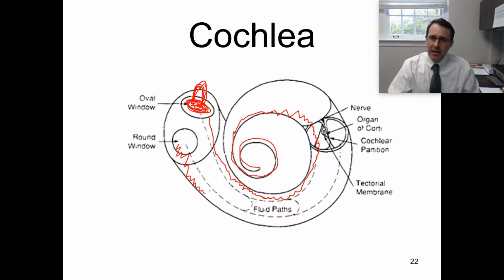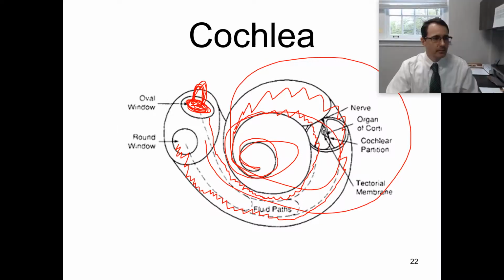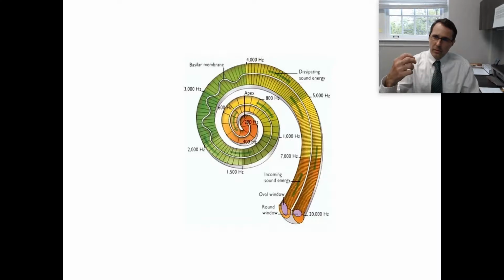The scala tympani also runs the length of the cochlea. And the cochlea is this spiral, snail-shell-looking thing, right? So if you unfurled the cochlea, you would see the oval window right here opening into the scala vestibuli. And then there would be the round window that opens into the scala tympani.